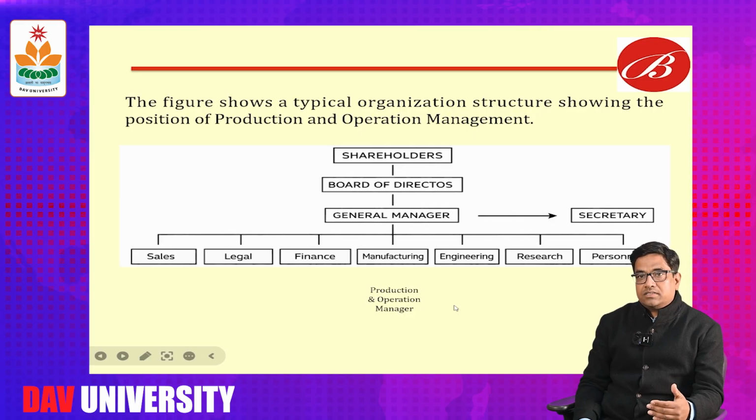Under general managers, there are different managers: sales, legal manager, financial manager, manufacturing manager, engineering manager, research manager and personnel manager. Under manufacturing, there is one line where the production and operation manager falls. So this is how the place of production and operation management lies in an organizational structure.